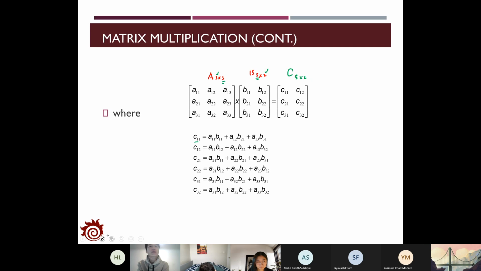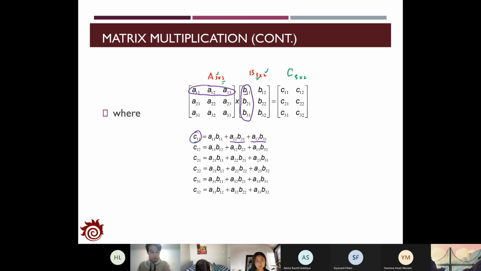You first need to pick up the first row of the matrix A and multiply it by the first column of the matrix B: A11 times B11 plus A12 times B21 plus A13 times B31. With that, you get the value of C11.